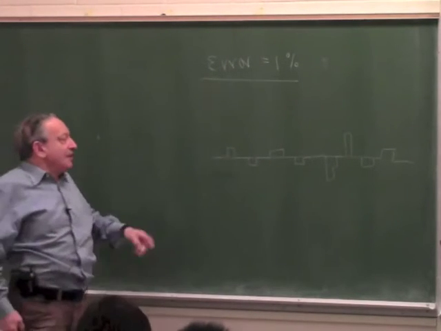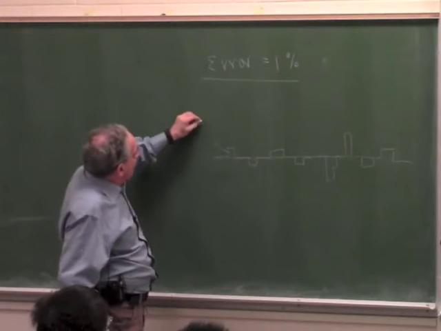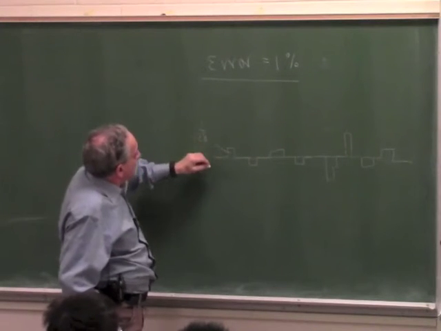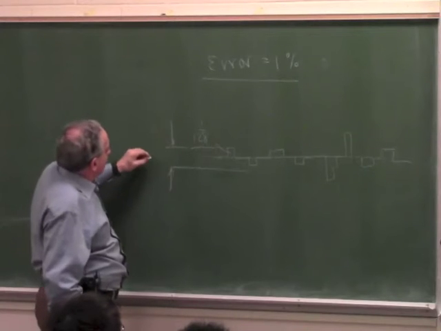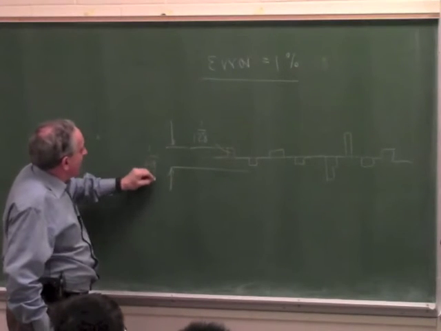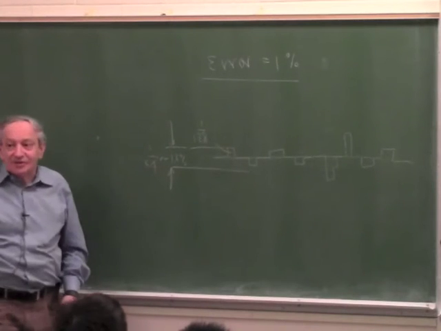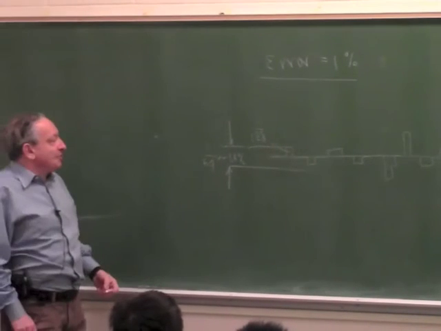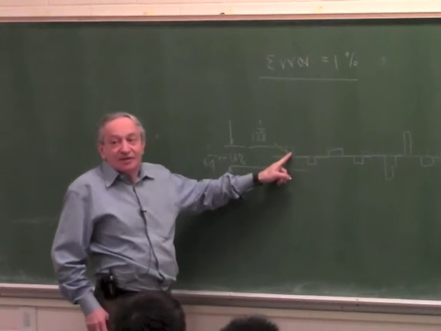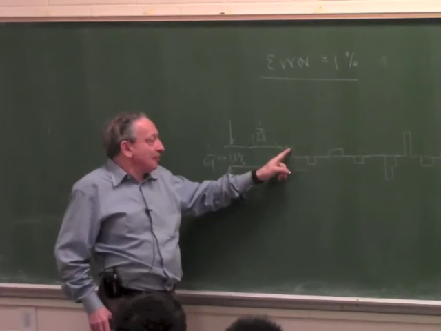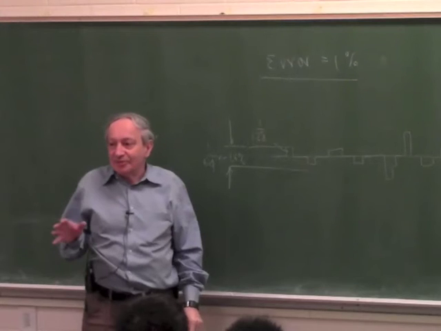So even if it hunted 1 bit, and this is 1 over 128 of full amplitude, already the peak-to-peak error will be 1 over 64 of the full amplitude, which is 1.6%. So for sure you need 8 bits, because with 8 bits this is 1 over 256, say 0.4%, so the peak-to-peak error will be 0.8%.